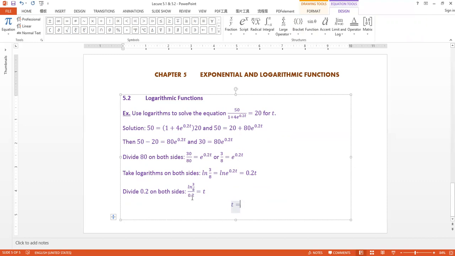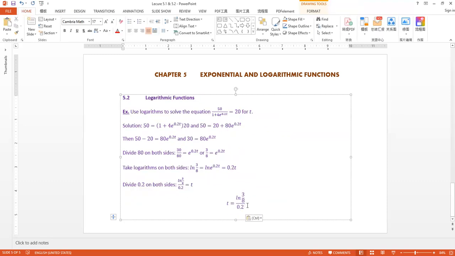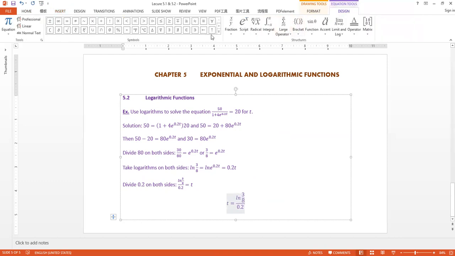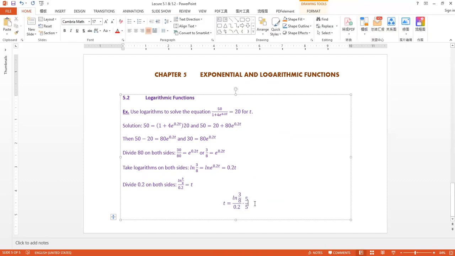But we can just multiply 5 both on top and at the bottom. If you do that, you can see that it just becomes 5 times ln 3/8. So we multiply 5 on the top and the bottom. So then the bottom just becomes 1.